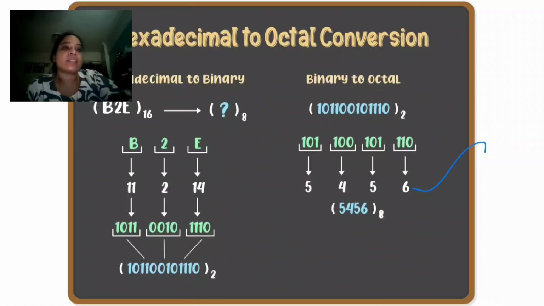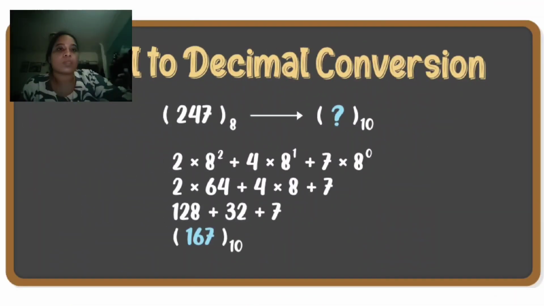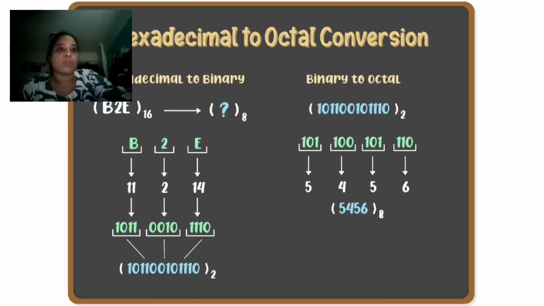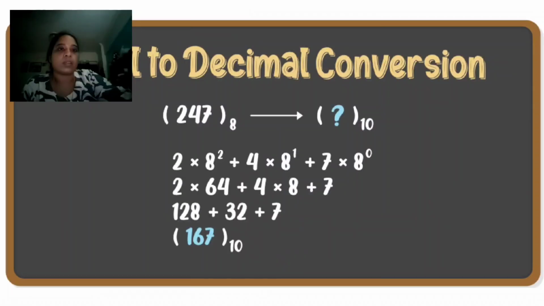Okay, and next we can find the others using the same methodology. So here you can get 5, 4, 5. So the total answer of this value is 5456 in octal. That is the binary to octal conversion. Already we have seen the decimal conversion, hexadecimal to octal conversion, octal to hexadecimal, then binary conversion.